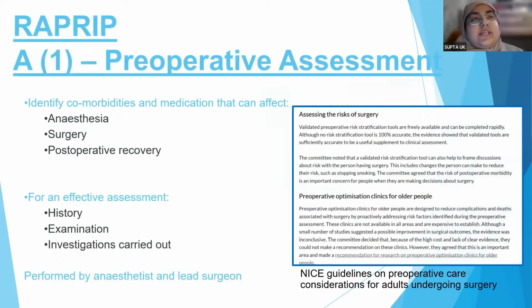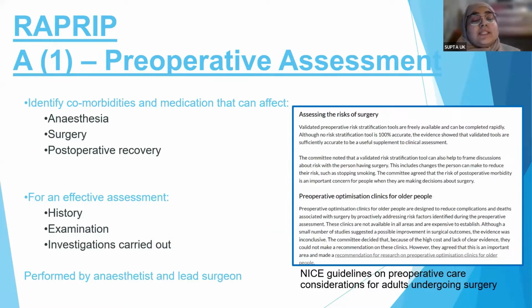So the preoperative assessment is essentially an opportunity to identify any comorbidities that may affect a patient during surgery, and identify if any patients may have post-operative complications from either the anaesthetic, the surgical procedure, or even post-operatively after the surgery has been performed.